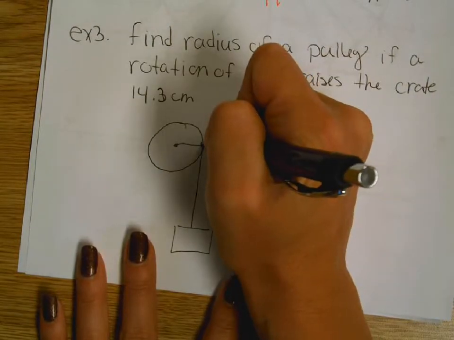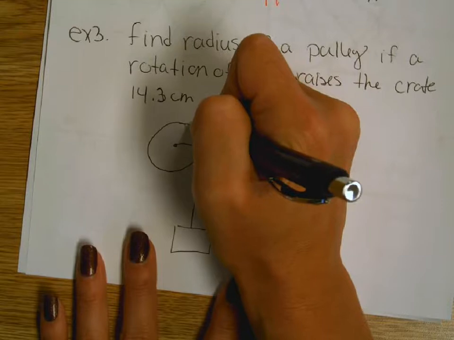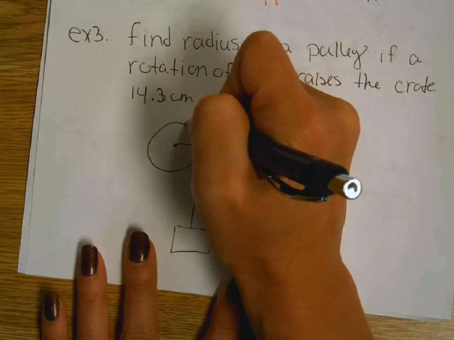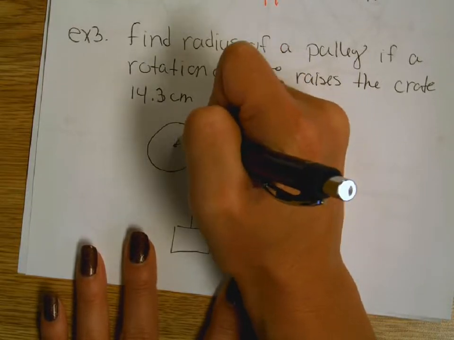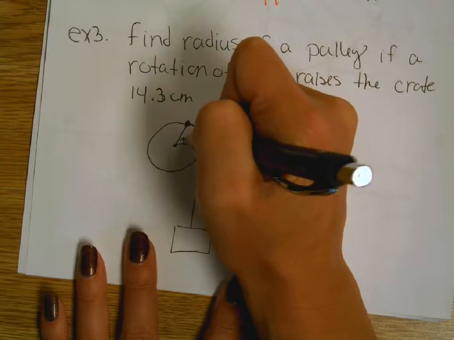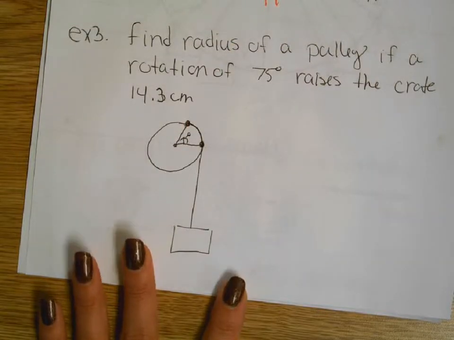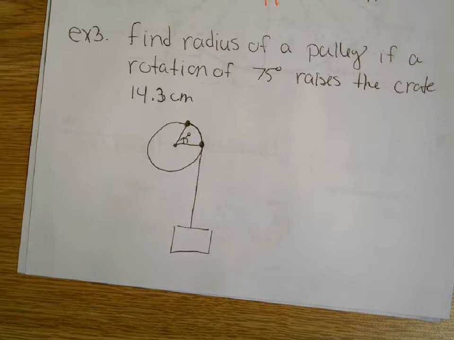So this point is going to wrap around to about here, a 75-degree turn. So that means that rope is going to wrap around the pulley and it's going to raise that box up in the air. You got a vision of what's happening? Okay.